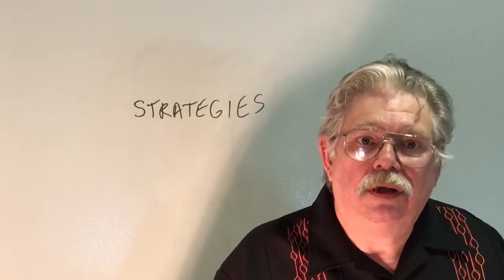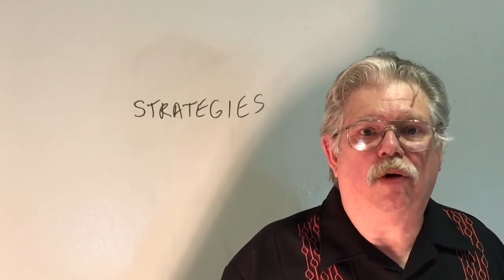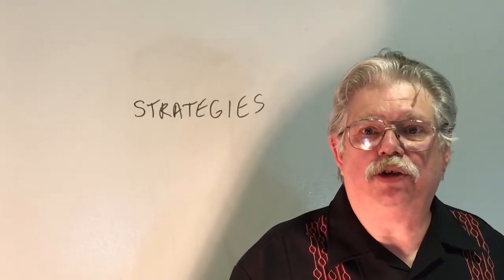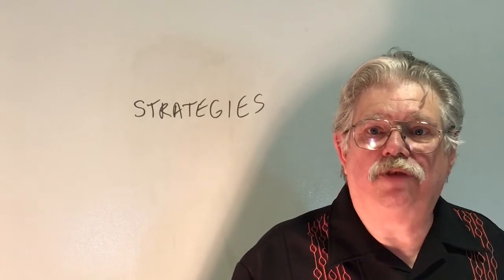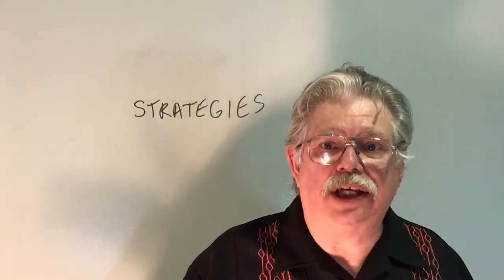Well, there's a great little video that I'm going to put the URL up for you here, where someone analyzes this and says that if you start out with $1 million and you play the martingale strategy until you either double your money or you lose all your money, your chance of doubling your money is 1 over the mathematical constant e.